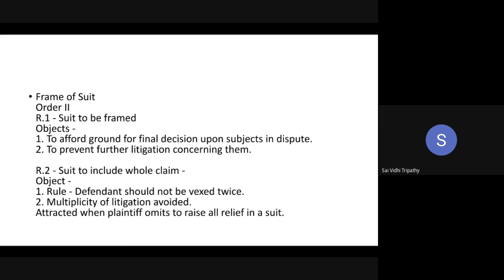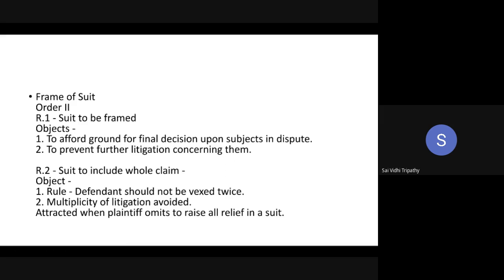While doing that, what rules we have to follow have been discussed in the following rules. The most important is Rule 2, which says that the suit has to include the whole claim. Whatever claims you have, you have to include all of it while filing the suit. The object is again very simple, that the defendant should not be vexed twice.